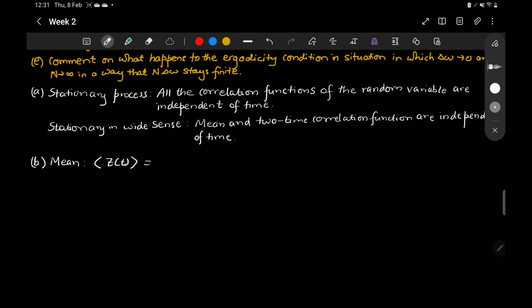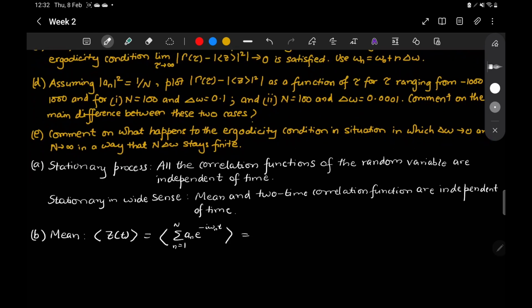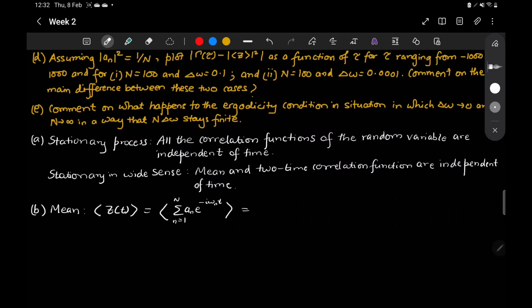So the expectation value is the mean. An is a random variable, so this mean can be translated to an. The mean is written now like this.